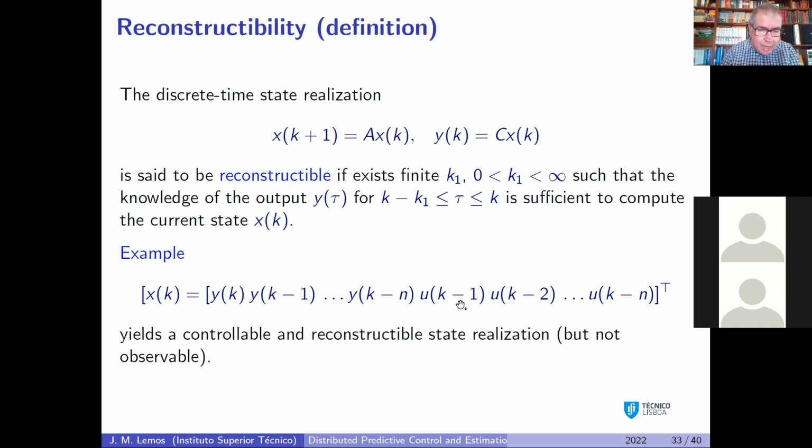Can you explain to me why this is reconstructible? N is the order of the system, typically. Who can tell me why this is reconstructible? It's very simple. How many samples do you need to find out the last state?